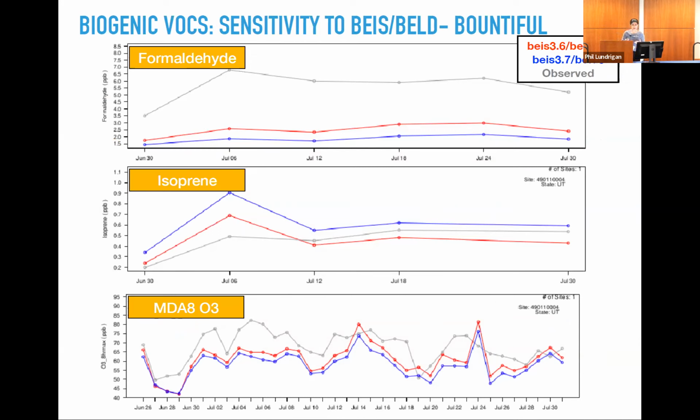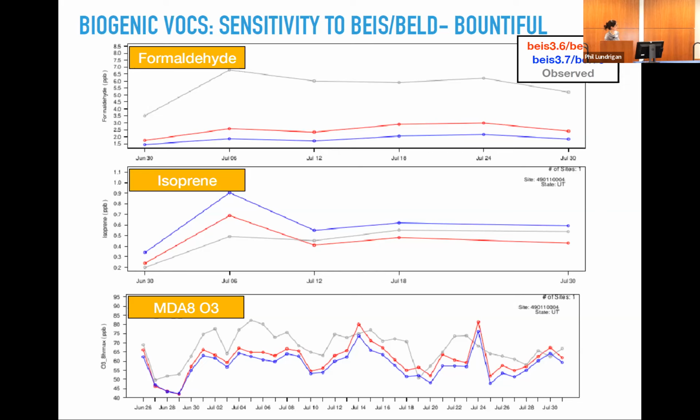BEIS BELD is basically the model that is typically used for estimating biogenic emissions. One big difference between the two versions is that in the most recent version, the emission factor and leaf area index for isoprene for urban land use increased significantly, by a factor of almost 300 times.